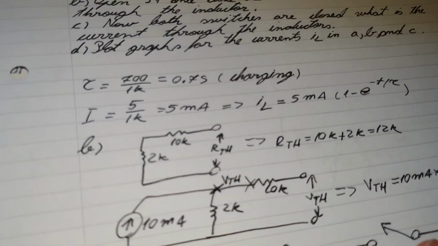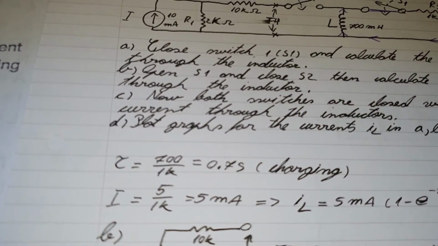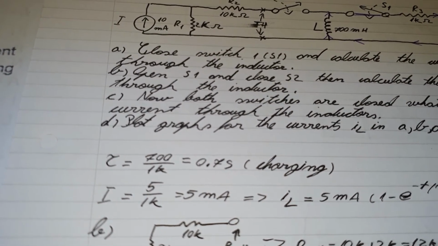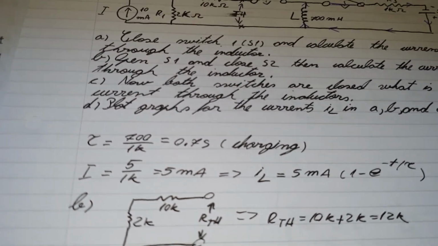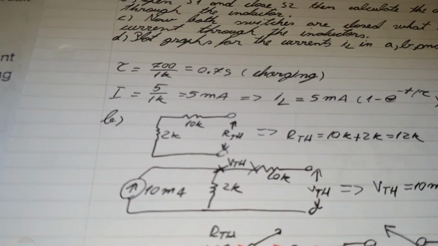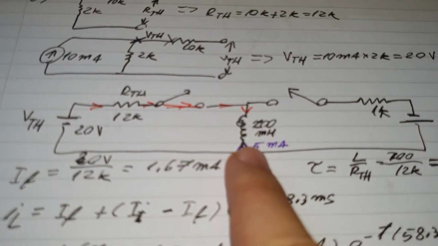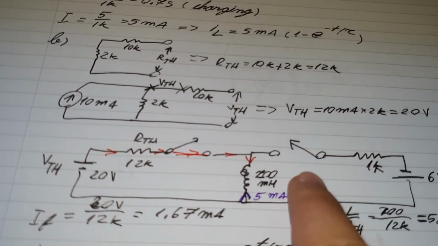Now the last one, C, is where both switches are closed. What is the current through the inductor? So we know in part A the inductor was charged with 5 milliamps because this switch was open and this switch was closed.